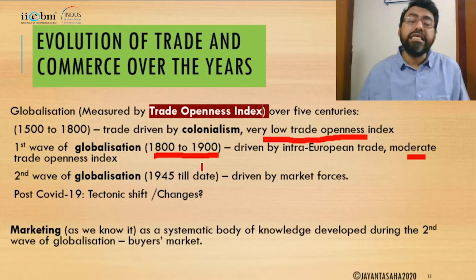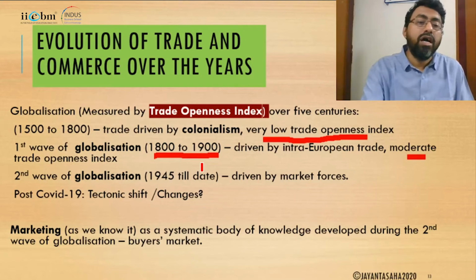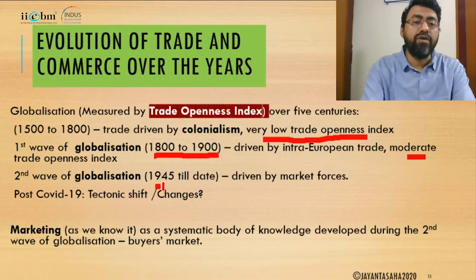After the 1930s, there was a recession in Europe, and again during the Second World War, there was a slump. So during the First World War and the Second World War, the trade openness index was close to negligible, very low.